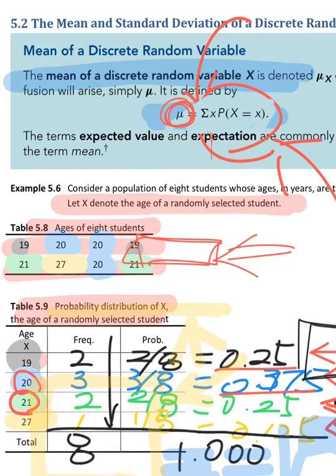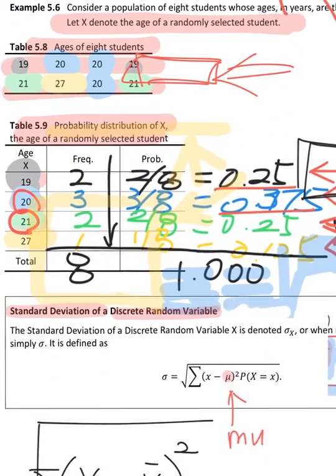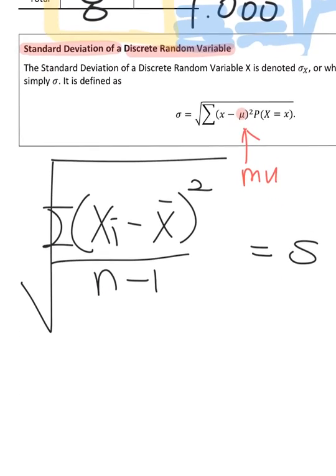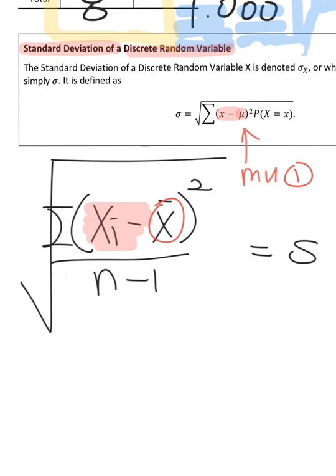So let me go back to the standard deviation here. That is step number 1. Take the mean. Same. We took the mean in step number 1, in chapter 3. Same. Step 2, we took the difference.